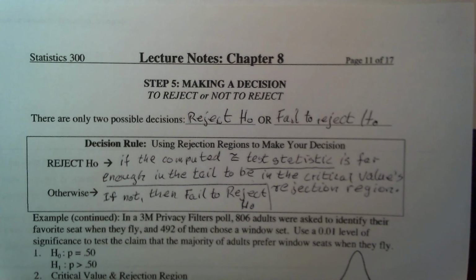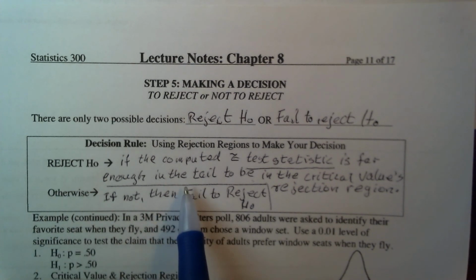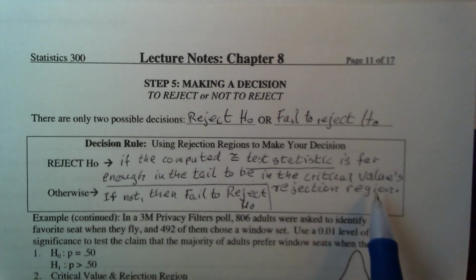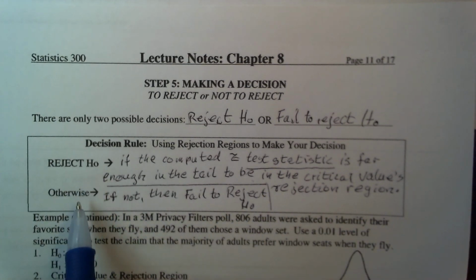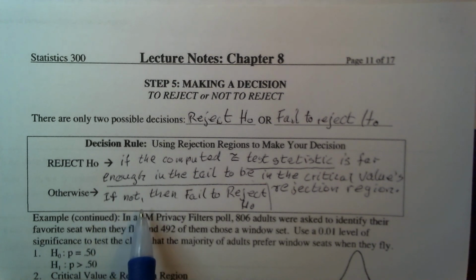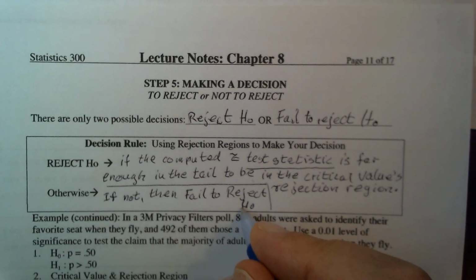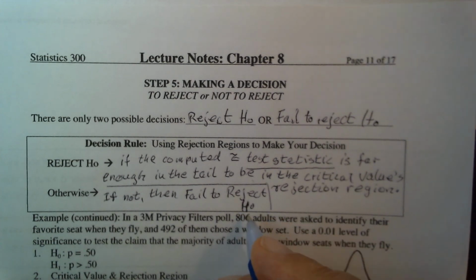So again, if the computed z test statistic is far enough in the tail to be in the rejection region, then we reject the null hypothesis. If not, then we fail to reject the null hypothesis, H0.